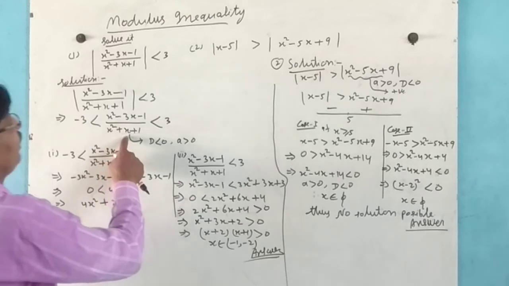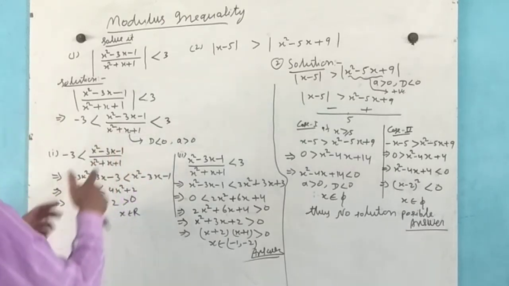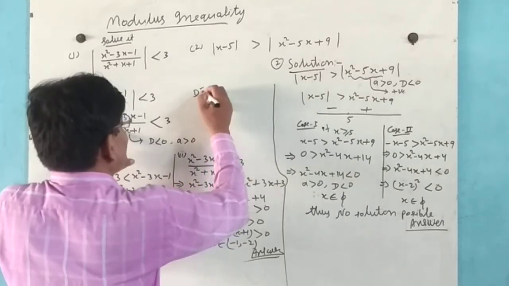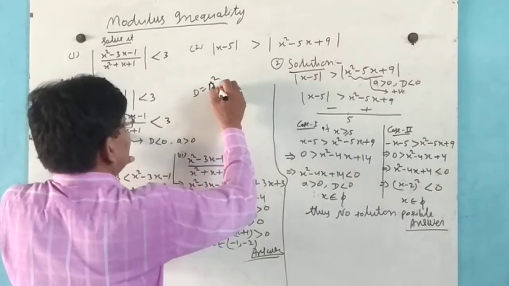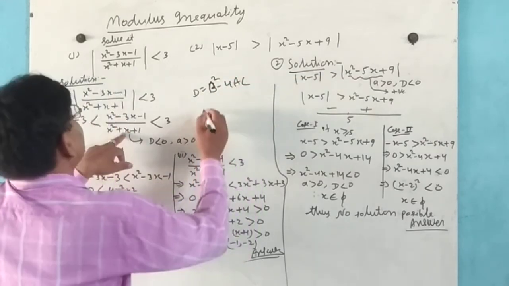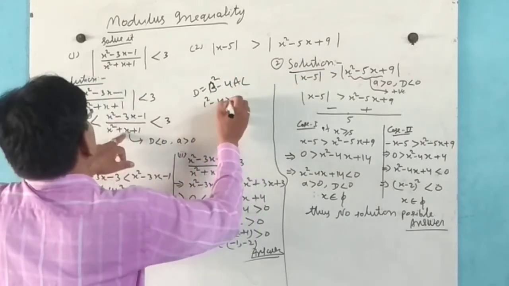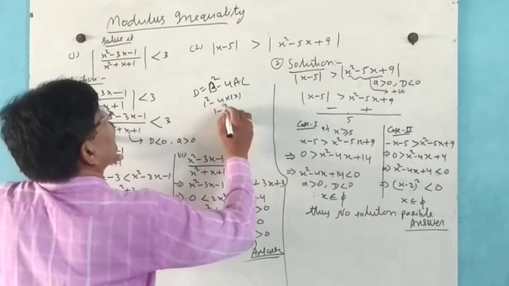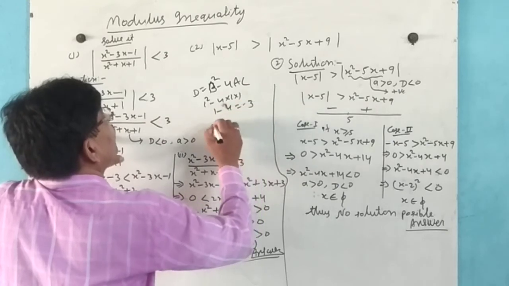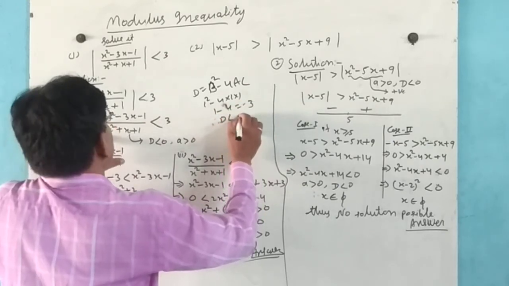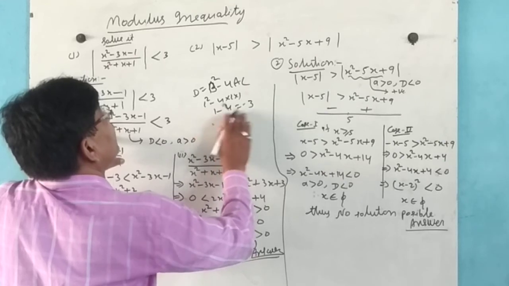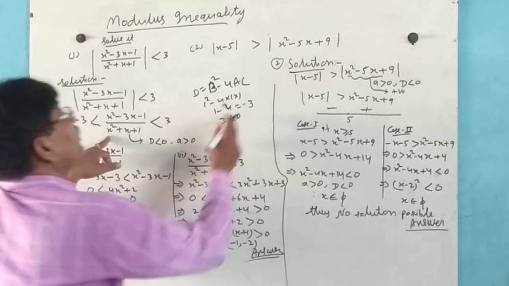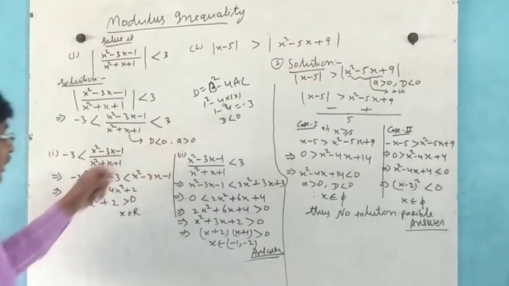Here d is equal to b square minus 4ac. b square is 1 square minus 4, a means 1 into 1, so 1 minus 4 equals minus 3. So d is less than 0 and a is greater than 0.